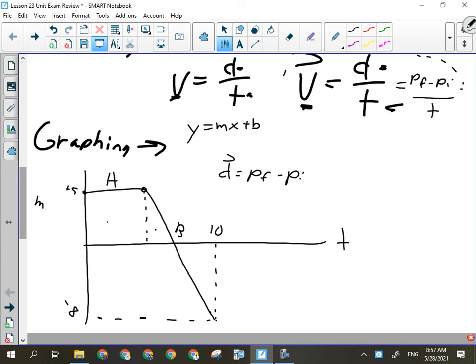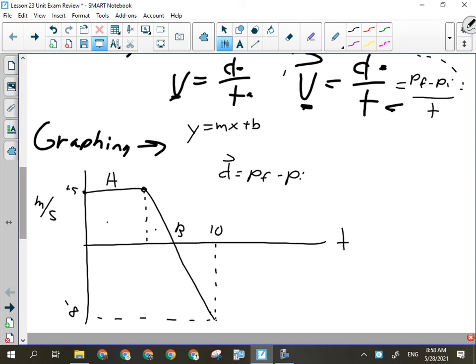All right, what if instead of a position versus time graph, this is a velocity versus time graph? Now what's the object doing in section A? So now this graph is showing me how fast the object is going.